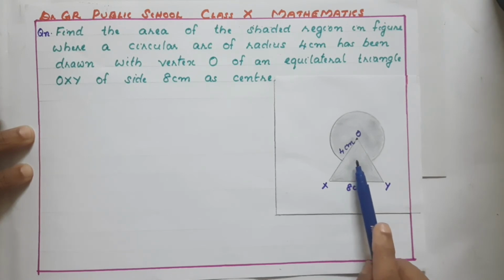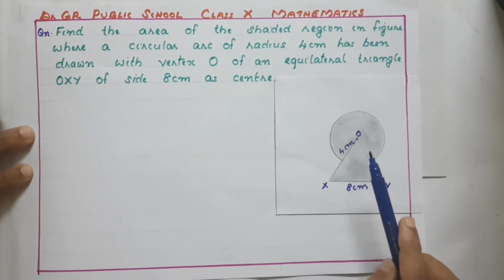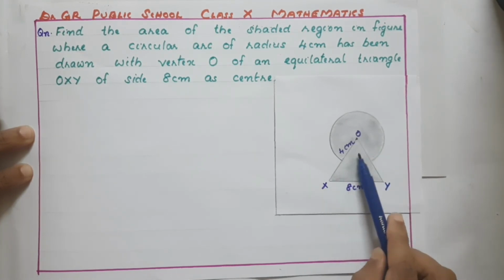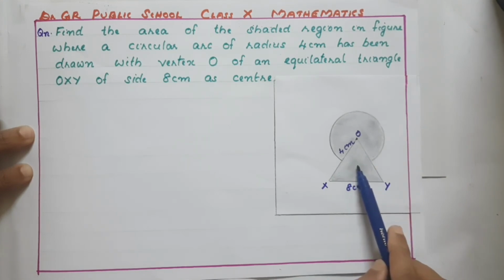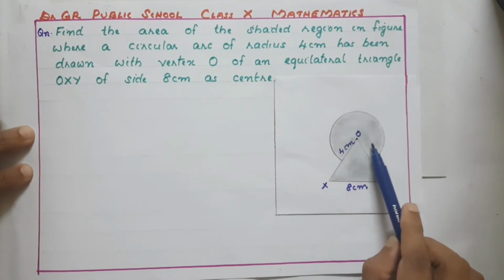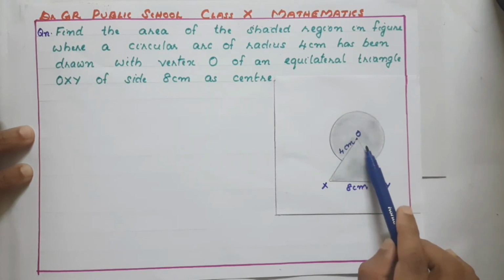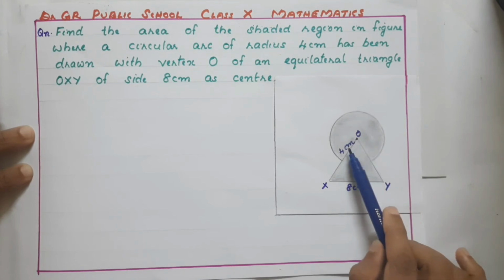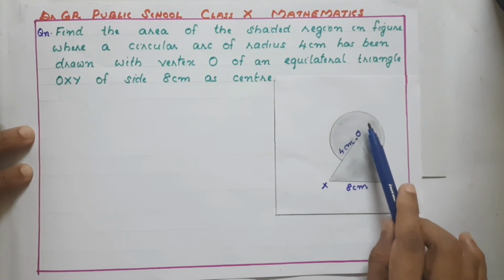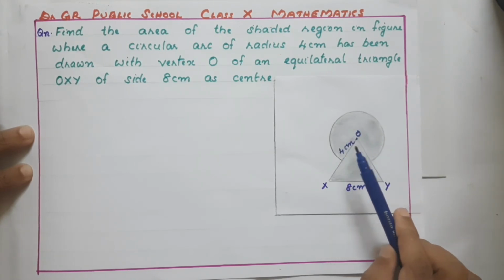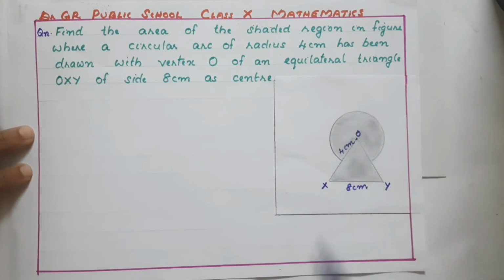So we can find the area of the shaded region by adding the area of this equilateral triangle and this much area. What is the shape of this region? Yes, it is a major sector, isn't it?